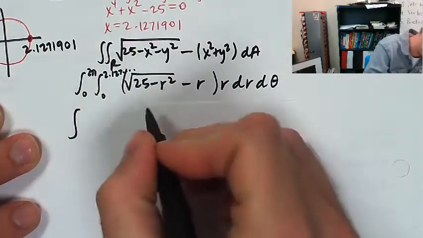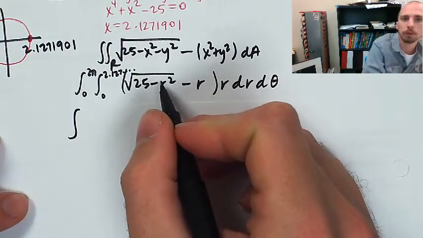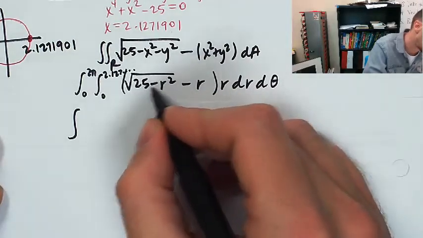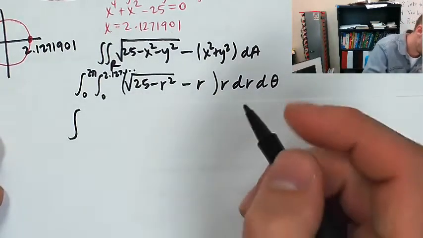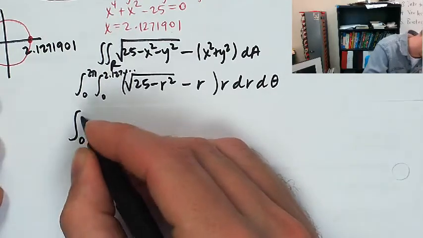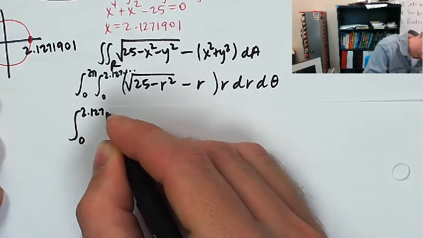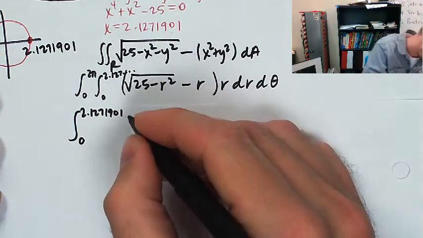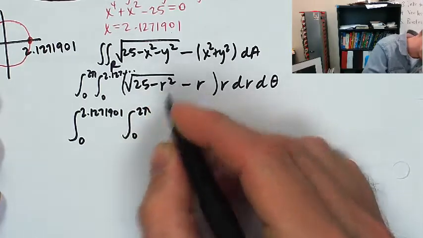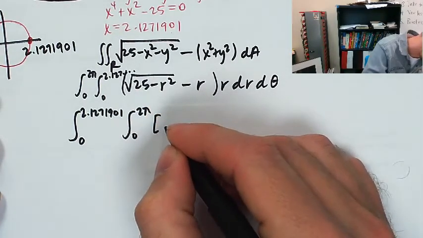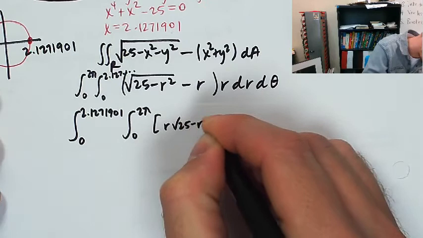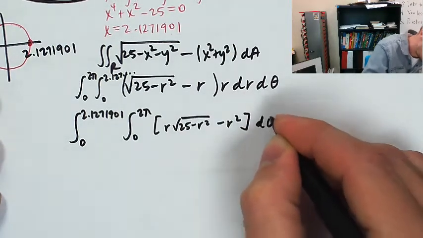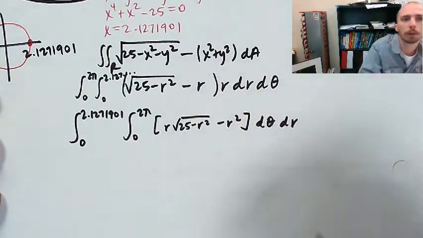I could use a U substitution there. You've probably already done it at least once in this class, using a U substitution on this type of polar object. But I just don't feel like it. So 0 to 2.1271901, and then I can just use a calculator for the integral from 0 to 2 pi of r square root of 25 minus r squared minus an r squared d theta dr. I distributed in that r.